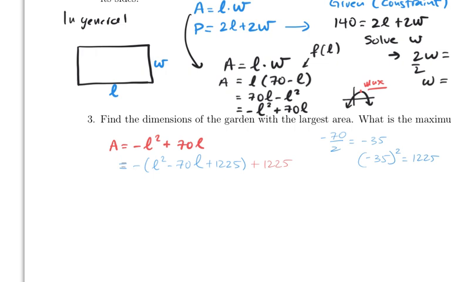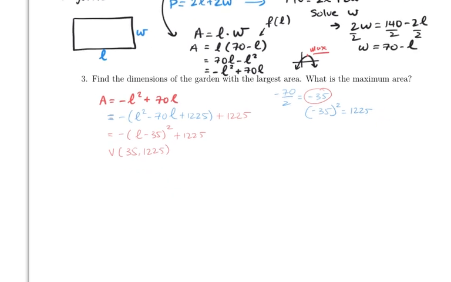Remember, this is negative, this is positive, this is positive, this is negative. Then if you complete the square, this will be L minus 35. Why 35? Because that's the value you got with y by 2. And then plus 1225. So therefore the vertex is 35. And the maximum area is 1225.